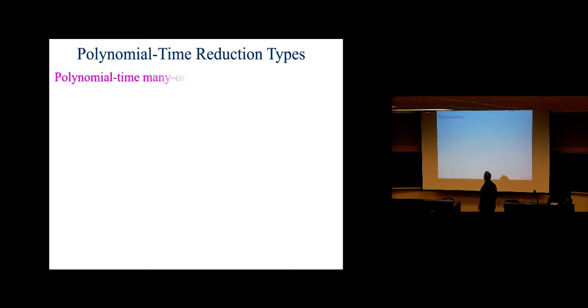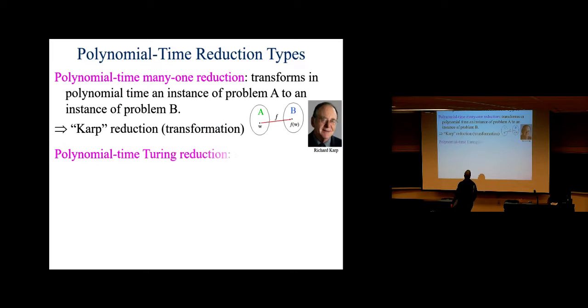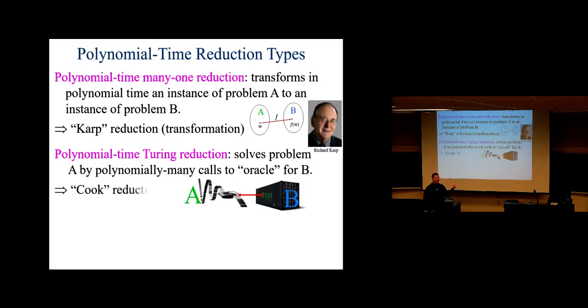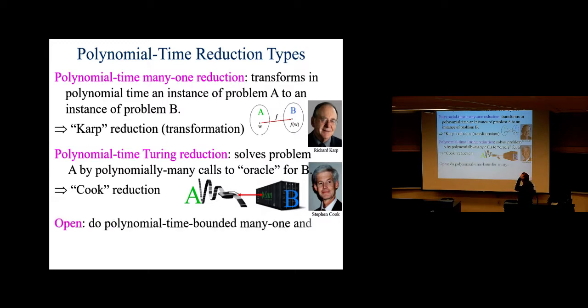Many-to-one reductions are sometimes called Karp reductions, and you'll see Richard Karp's contribution to NP-completeness in the early 70s. We'll go very specifically through this paper and show many examples of Karp reductions. The Turing reductions are usually called Cook reductions, in honor of Stephen Cook.